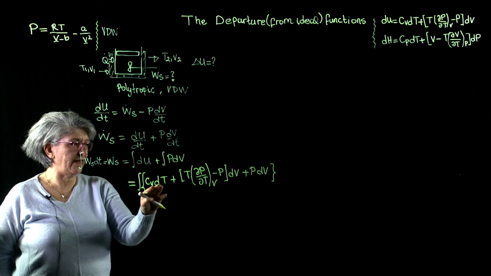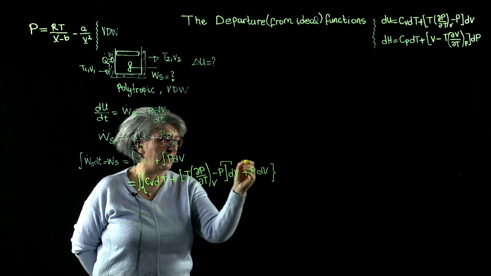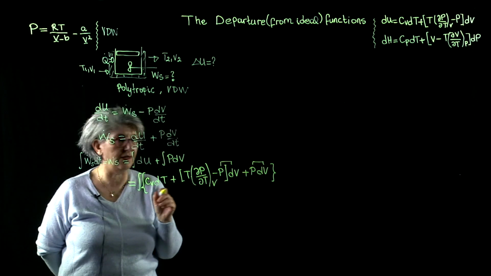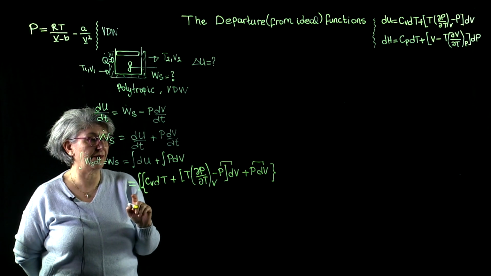Now when we look at this expression, we see that this PdV term and this PdV term are identical with the difference between the sign in front of them, and they cancel one another.